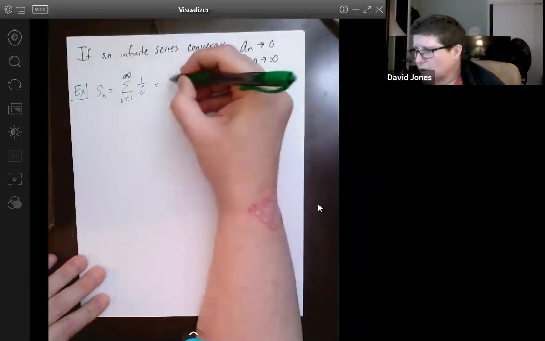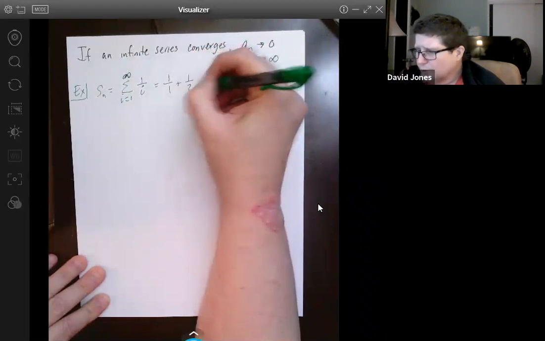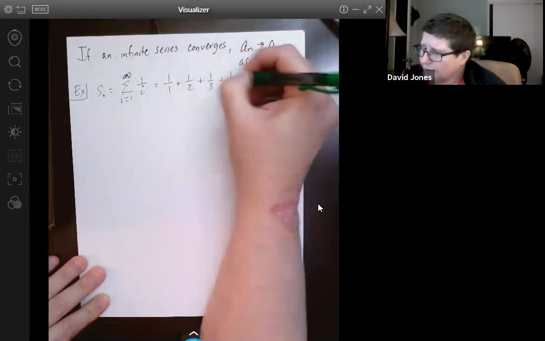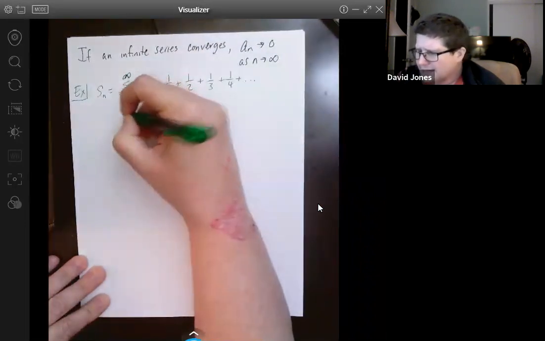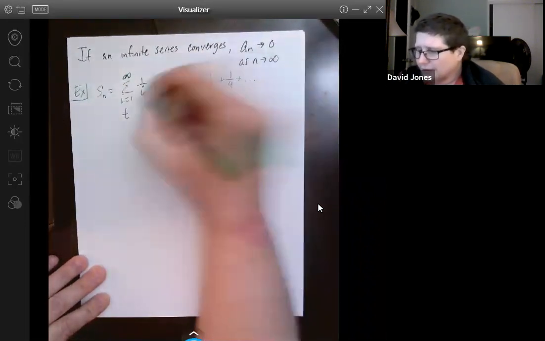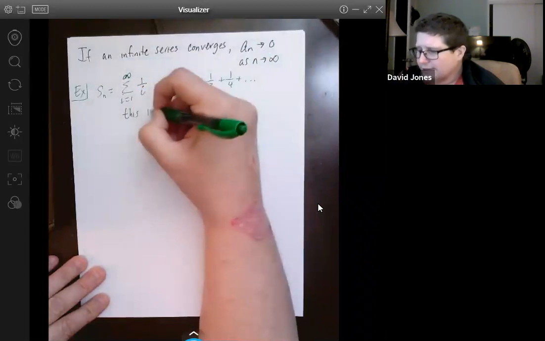This is 1 over 1 plus 1 over 2 plus 1 over 3 plus 1 over 4, and it keeps going. This actually does not converge to a real number. This is a divergent series.